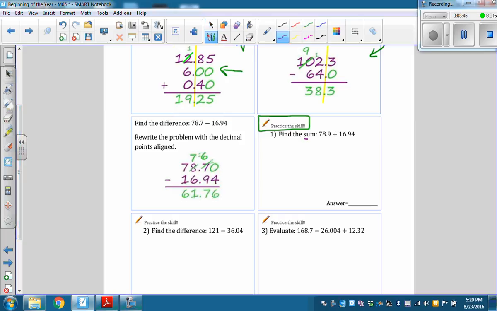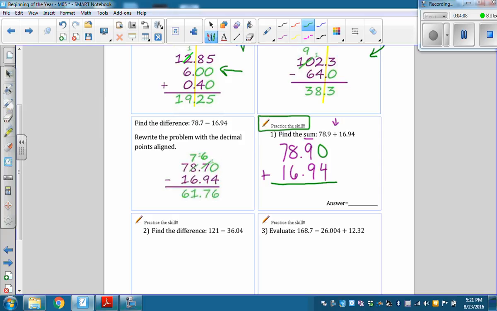Problem 1 says to find the sum, which is an addition problem, of 78 9/10 and 16 94/100. So I lined the decimals up. Now I'm going to put in my placeholder. Once that's completed, I'm going to add.